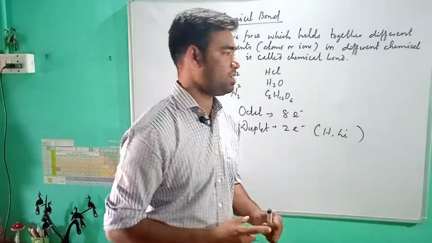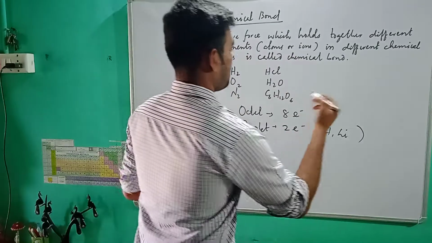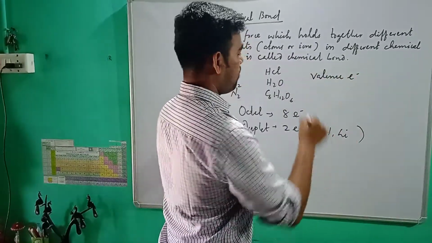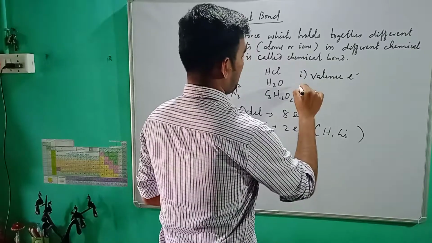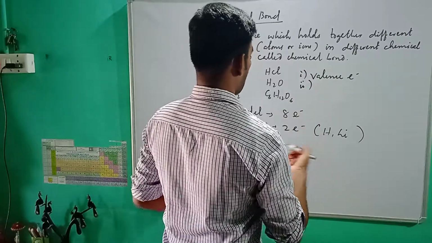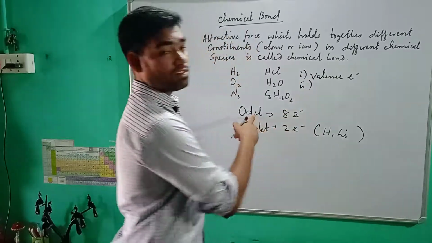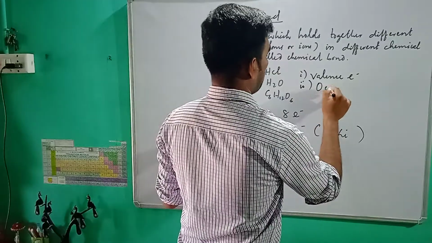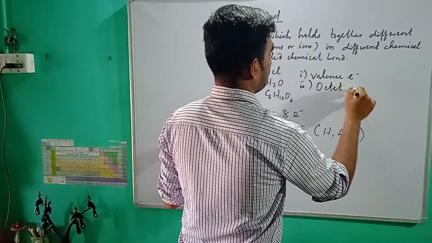So things we have to keep in mind is the valence electrons, they form chemical bond. And second thing, elements or atoms have a tendency to form octet. The octet rule also we have to remember.